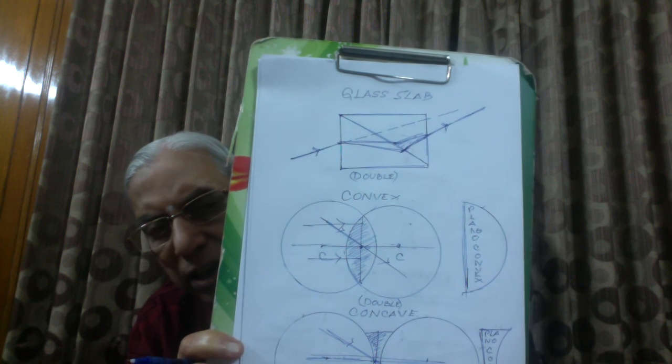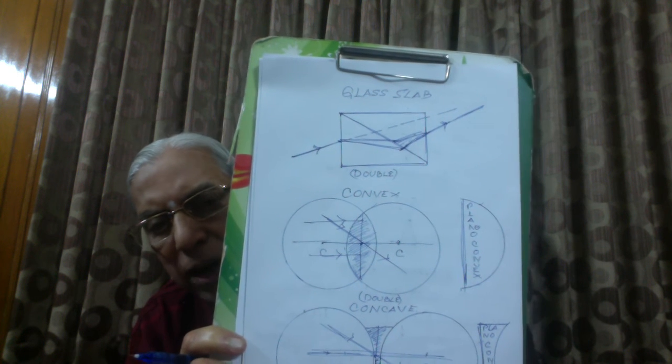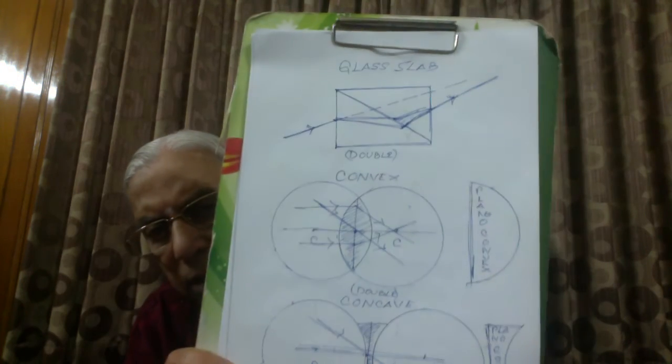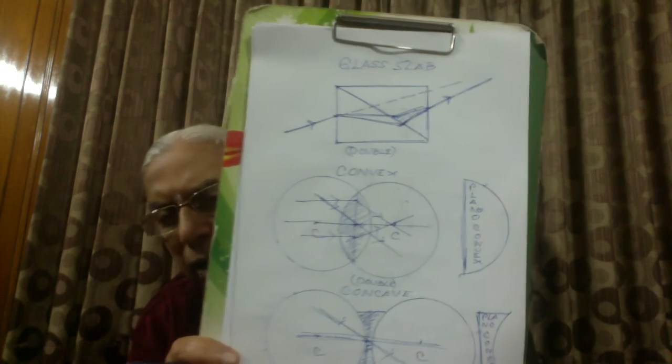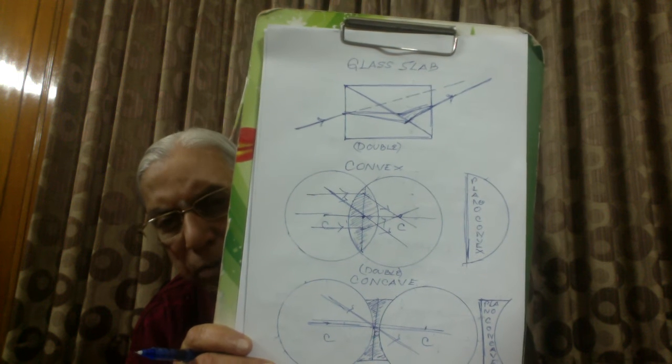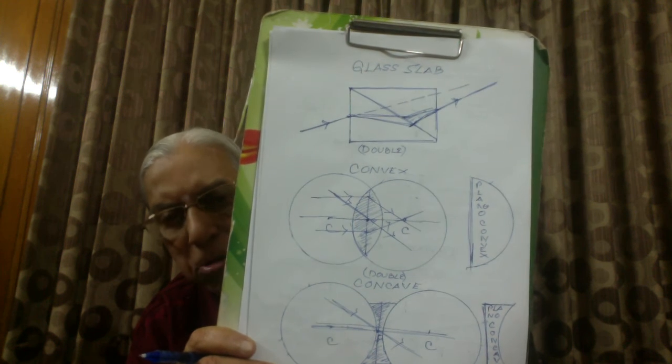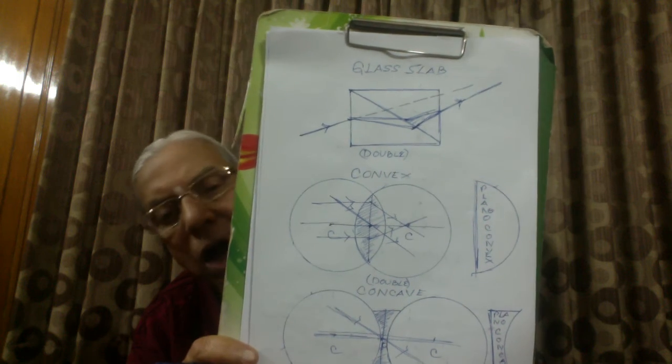After refraction, they pass through a fixed point on the principal axis on the other side of the lens as I show here. In the case of convex lens, the rays traveling parallel to the principal axis after refraction pass through a fixed point on the other side of the lens, that is referred to as principal focus.